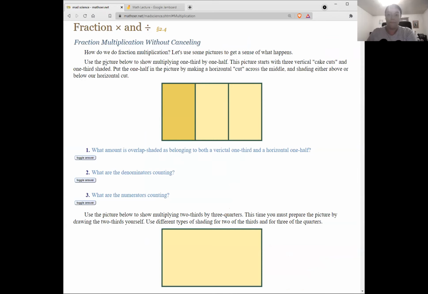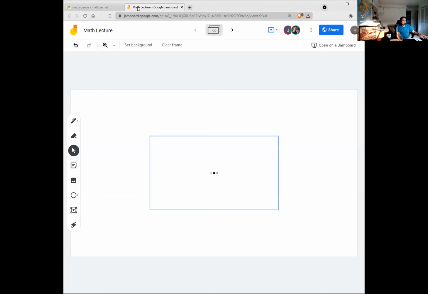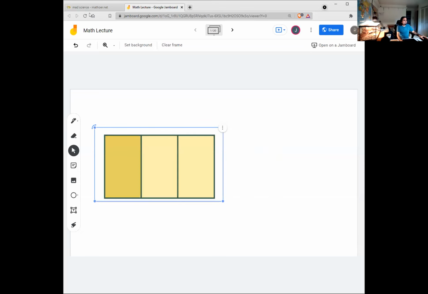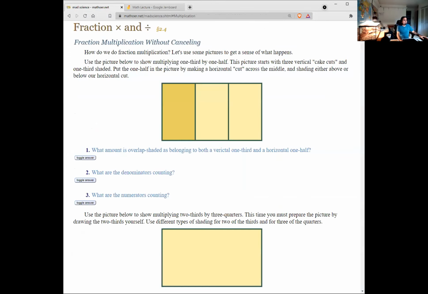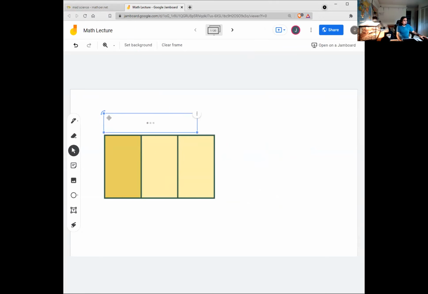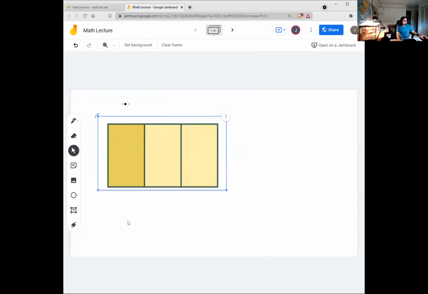Okay, so I'm going to grab this little cake picture and ask, what's happening if we wanted to do 1/3 times 1/2?